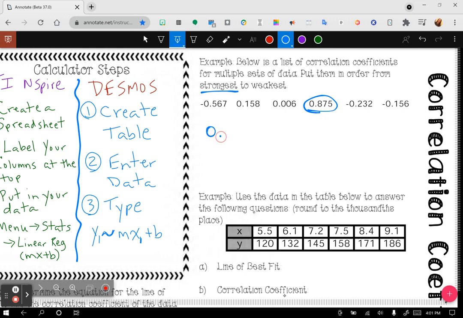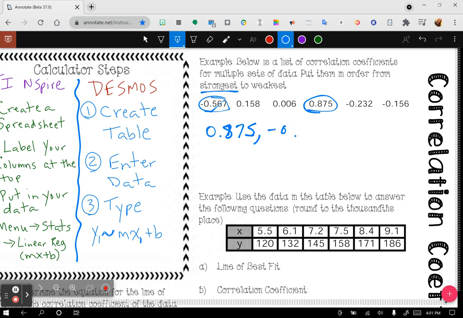So this one is going to be my strongest, 0.875. Okay, that's my first one. And then my next one is going to be this one. Even though it's negative, it's still my next strongest.